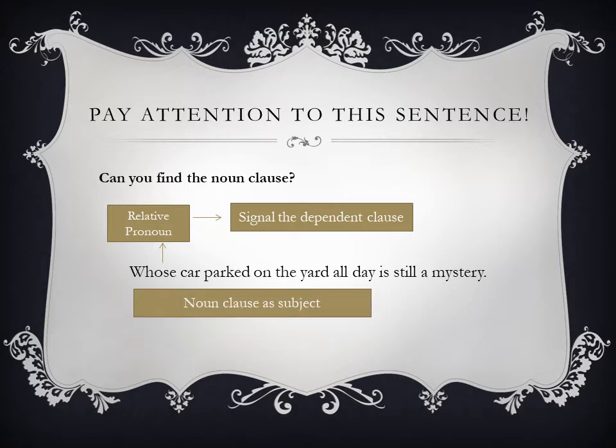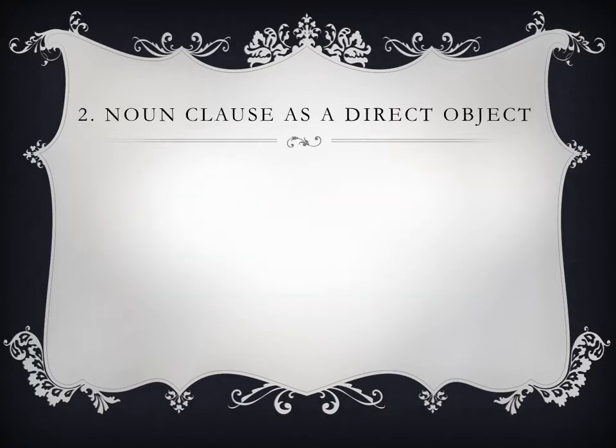The clause is the noun clause that functions as subject. Car is the subject, parked is the verb, and the rest of the sentence, is still a mystery, is the predicate of the sentence.